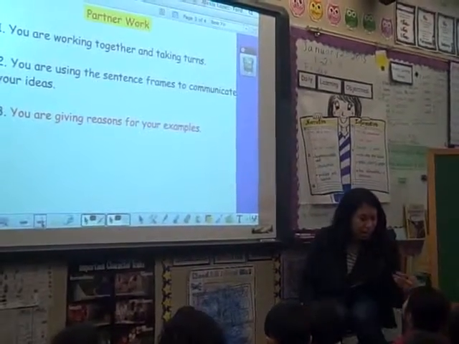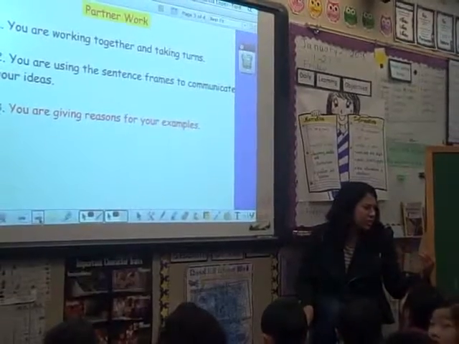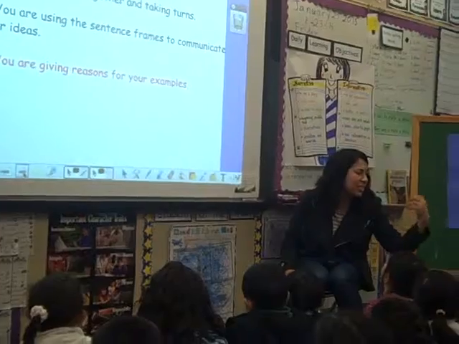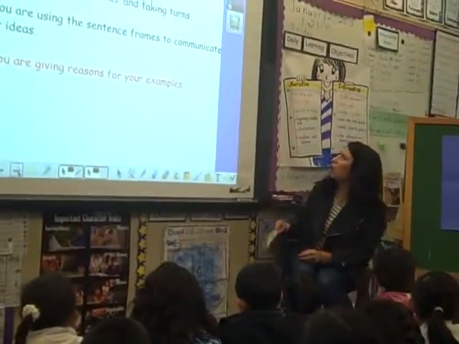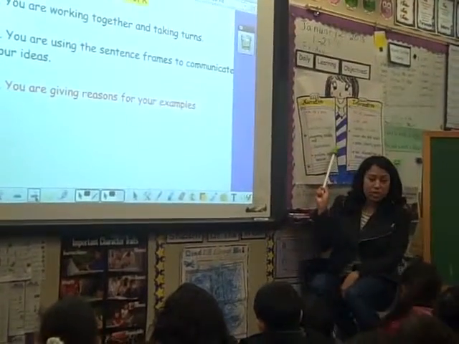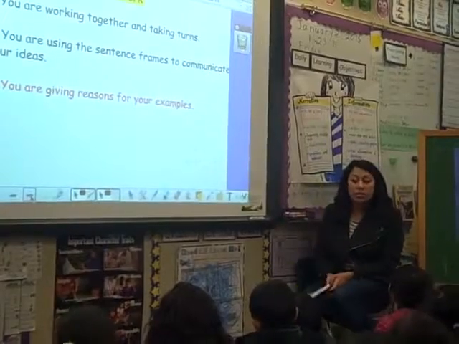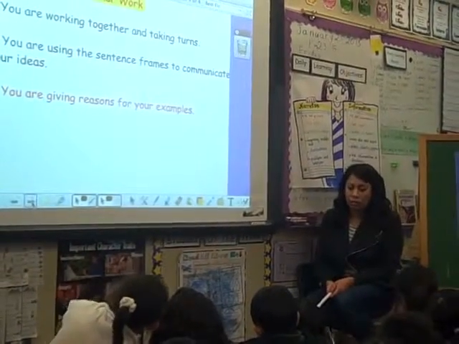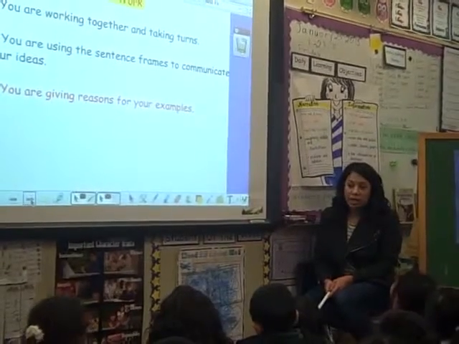Just like we said, I think it is narrative because it is written for enjoyment. Or I think it is narrative because this is an illustration. So you can use this anchor chart to help you, or you can use your own ideas that you know about narrative and informative. Any questions? No.